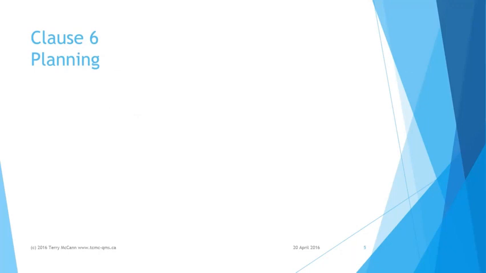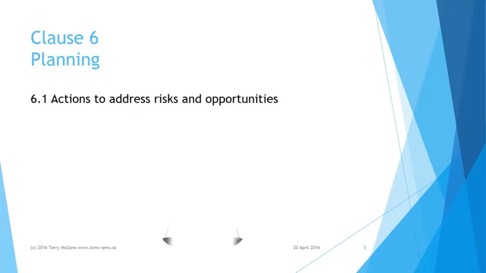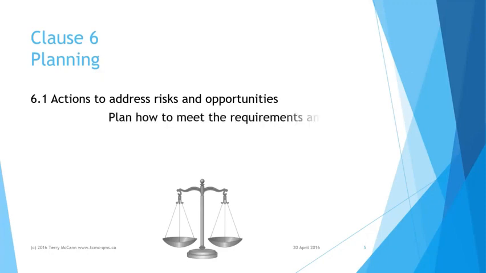Clause 6 talks about environmental aspects, which are elements of an organization's activities or products or services that interact or can interact with the environment. Taking these into account, this clause requires your organization to develop a process to consider the risks and opportunities that could affect the performance of your organization's EMS, and to use this risk planning process to plan how to meet the requirements and issues relating to interested parties that were identified in the context of the organization.